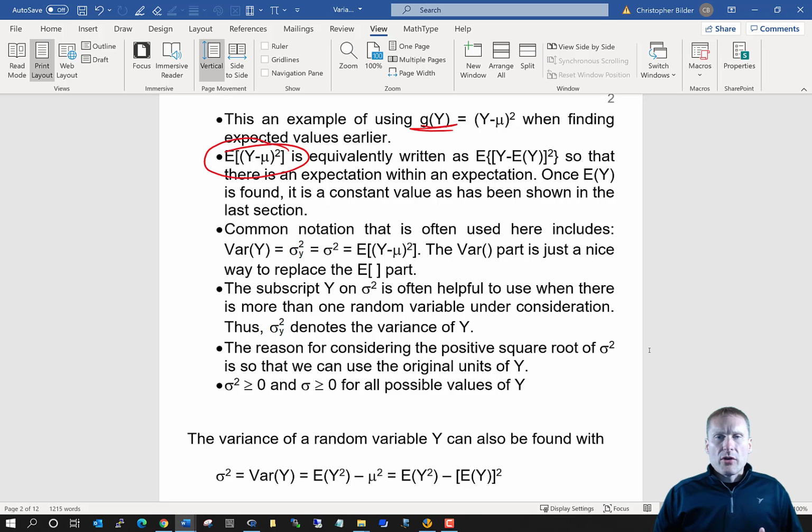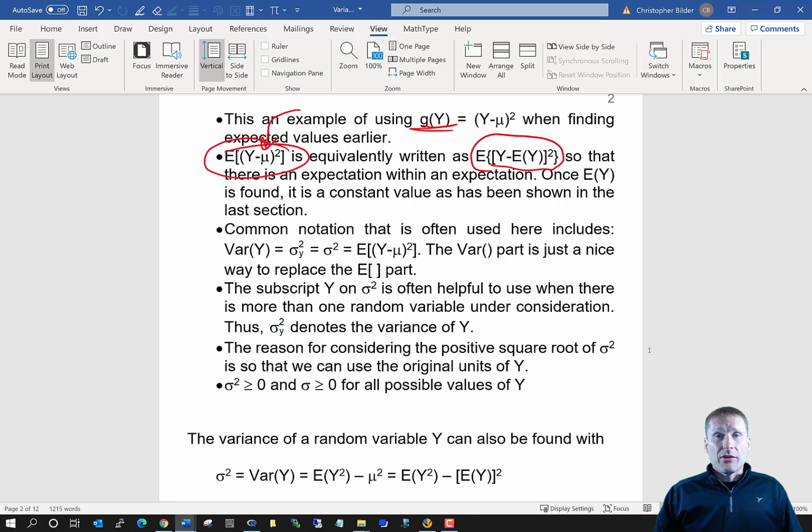Also, remember what mu is. Mu itself is an expected value. It's the expected value of y. So one could rewrite the quantity such as this. So you essentially have an expected value with an expected value. That gets a little bit confusing, so that's why people usually just put a mu there instead. Again, multiple notations to mean the same thing.